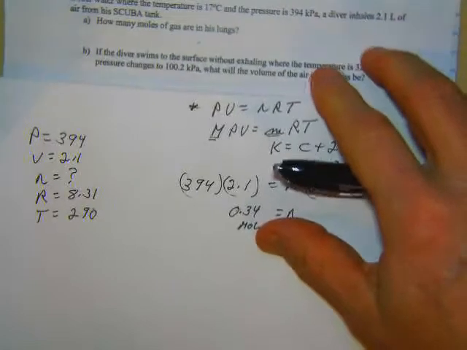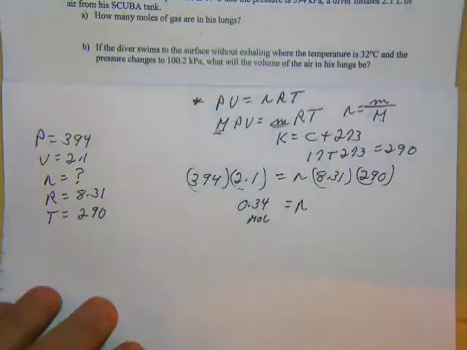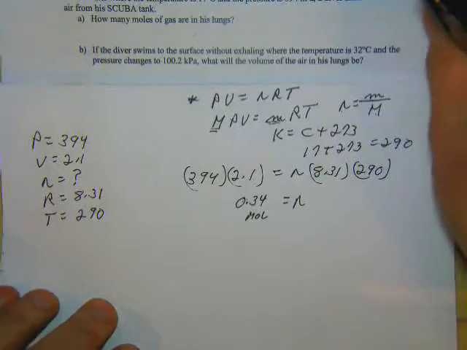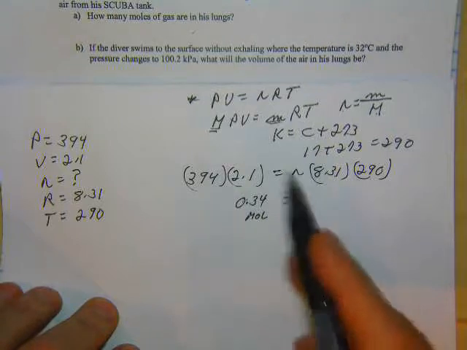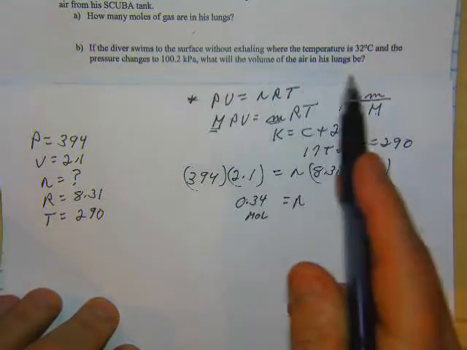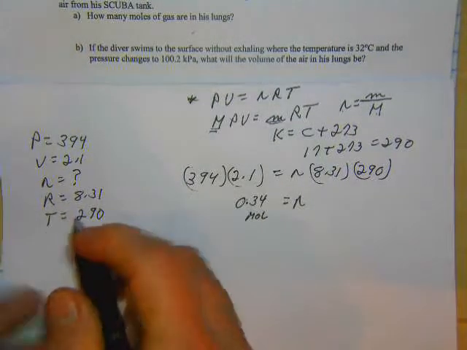I'm going to do it right below here. It says if the diver swims to the surface without exhaling, where the temperature is 32 and the pressure changes to 100.2, what will the volume of air in his lungs be? So really we're going to use some of the information from the previous problem also.